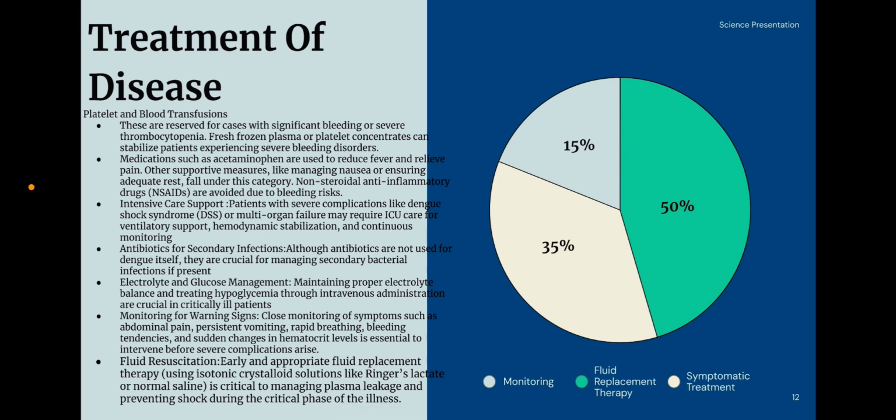For the treatment of the disease, platelet and blood transfusions are reserved for cases with significant bleeding or severe thrombocytopenia. Fresh frozen plasma or platelet concentrates can stabilize patients experiencing severe bleeding disorders. Medication such as acetaminophen is used to reduce fever and relieve pain.